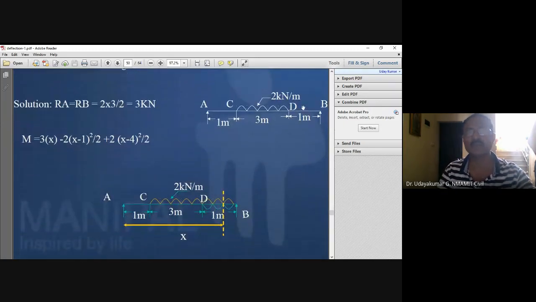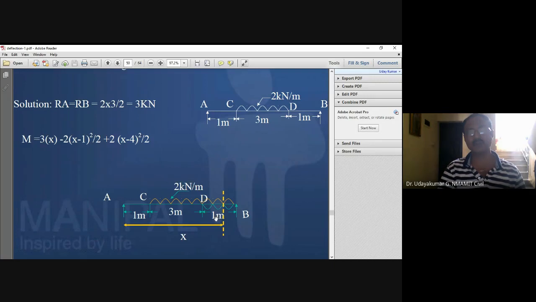Now suppose it is partial load. What you have to do, you have to continue this till B. See, this is what is continued, and for the continued portion you have to subtract the same one. Now you take the bending moment equation at this section, at distance x. So RA into x positive, minus 2 into x minus 1 into x minus 1 by 2, that is 2 into x minus 1 whole squared by 2, and there's negative.